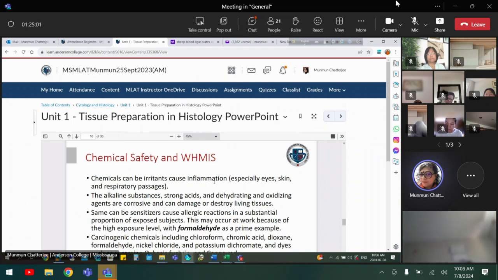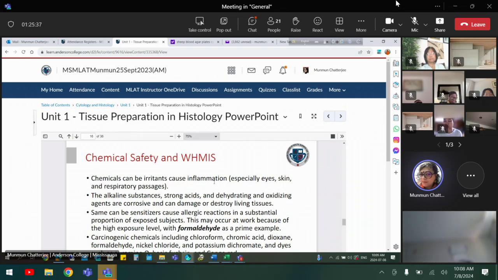What are the corrosive substances? Acids, dehydrating agents, and oxidizing agents are corrosive. Acids are corrosive, you know that, and can damage or destroy living tissue. Acid can eat, burn, and destroy immediately. Concentrated acid is going to dissolve the tissue. If you put your hand or any area in strong hydrochloric or sulfuric acid, after some time you can see the skeleton, all the muscles and everything.